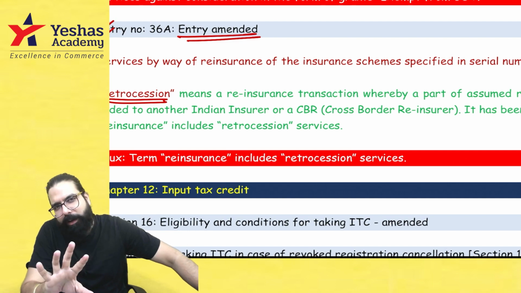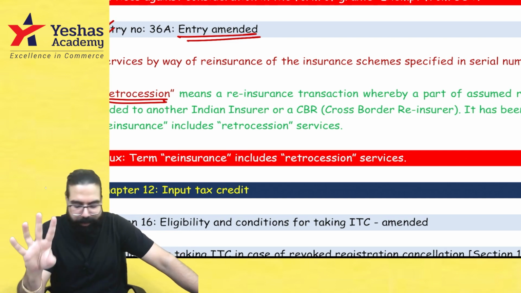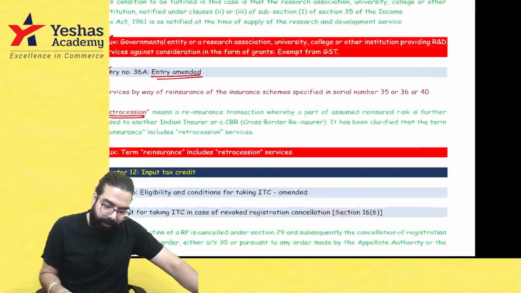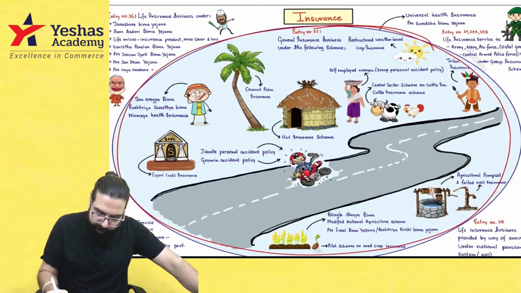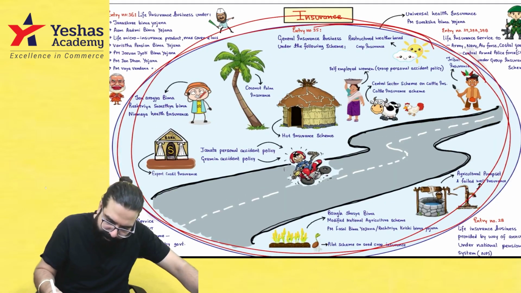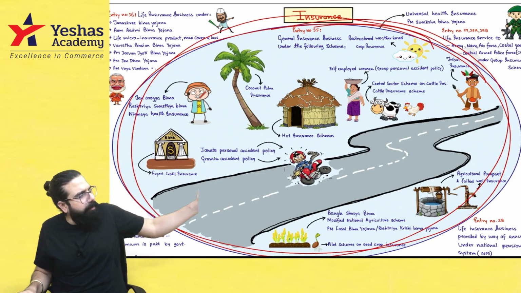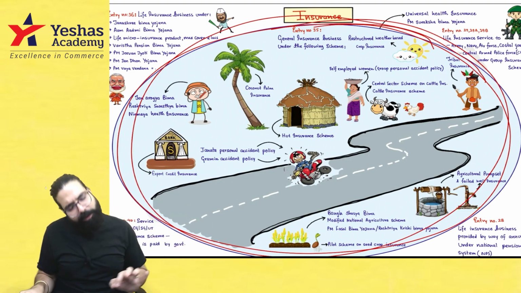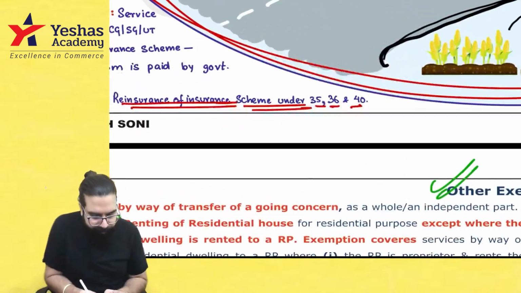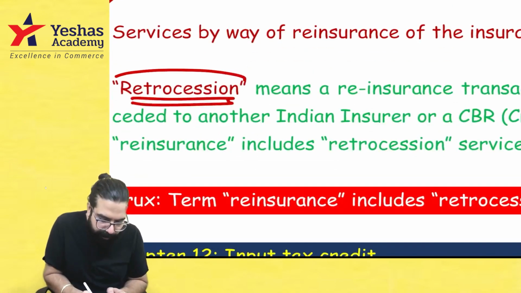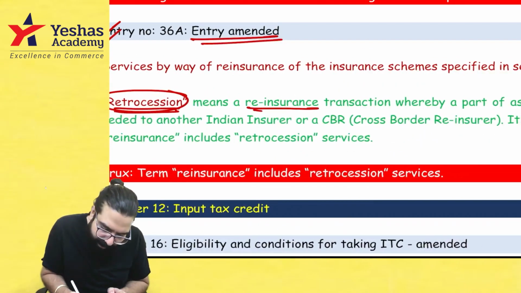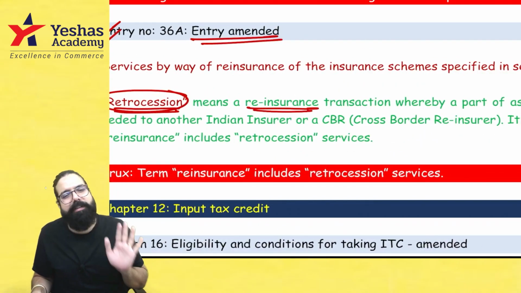They are telling that this is also exempted. Nothing very important from an exam point of view. But you can remember that when these services are given, insurance is exempted and reinsurance of all these services is also exempted. This was already told over here. If by chance you see the word retrocession being used, retrocession means reinsurance only. It is a reinsurance transaction only.